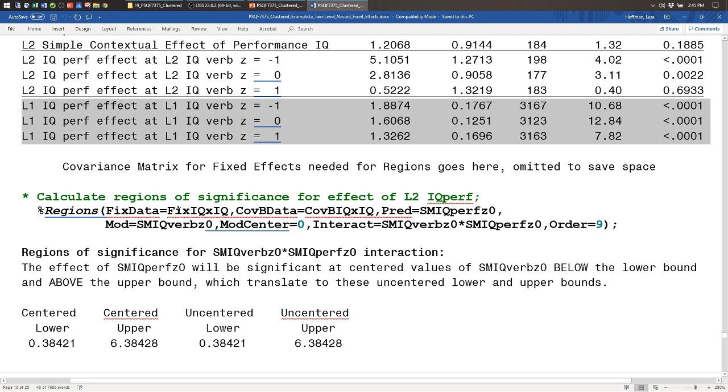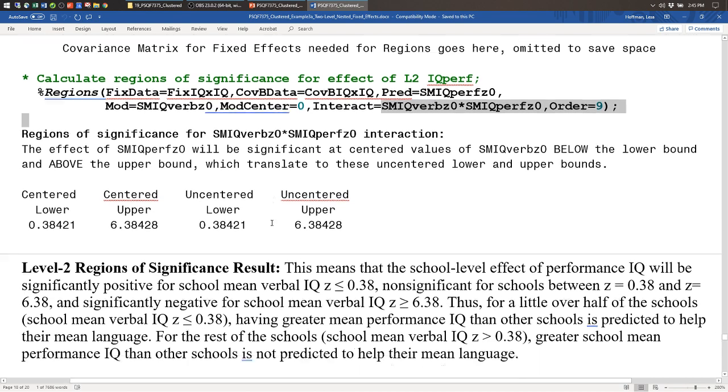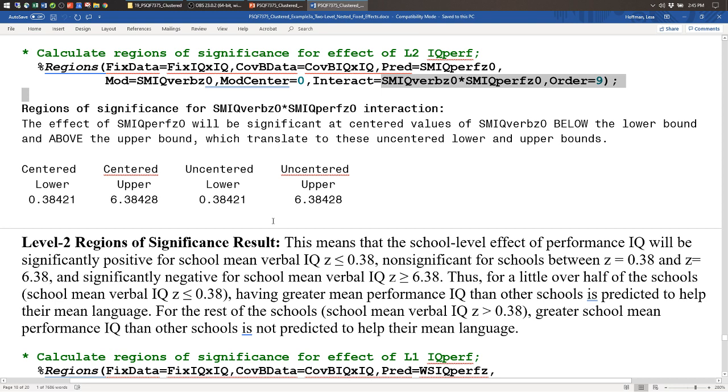So it takes as input the arguments, the fixed effects from the model, the asymptotic covariance matrix of the fixed effects, which has the standard errors and the covariances of the standard errors. It wants to know which is your predictor and which is your moderator, the centering point of the moderator, and the order of the interaction term in your model. And it worked out to be this.